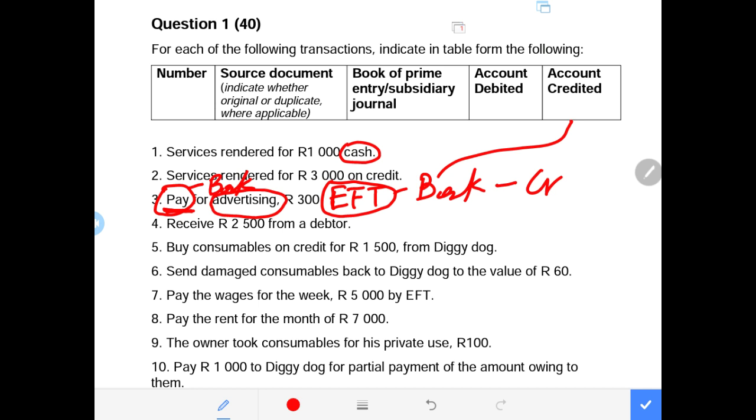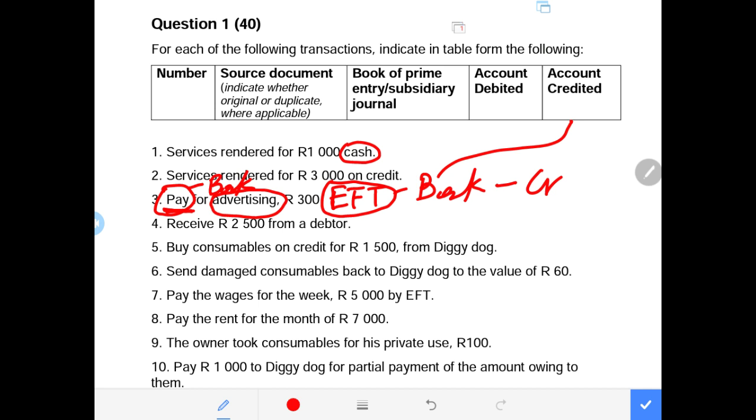If you are doing practical accounting, you will know that advertising on page 19 is an expense, and expenses increase on the debit side. Expenses will always be recorded on the side where they increase, and similarly with income, which increases on the credit side.